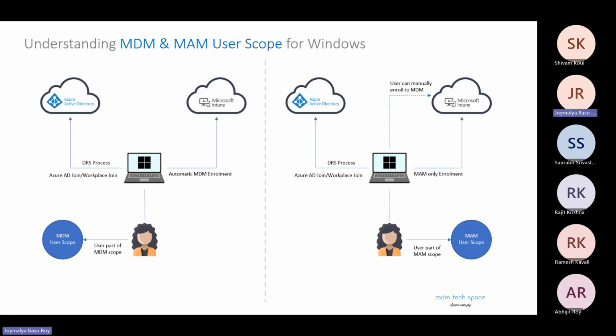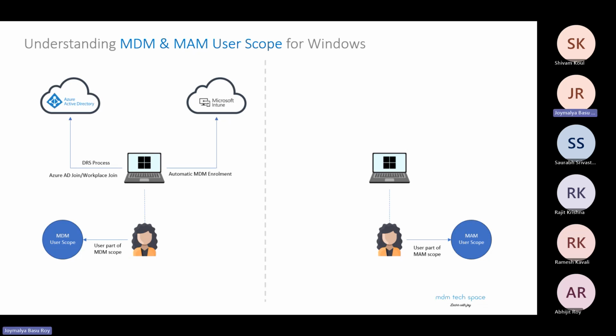Yeah, so when the user is part of the MAM user scope and the device goes for the device registration process, the token that the device gets in the authentication response will not have the MDM enrollment URL, because the user is not part of the MDM user scope.